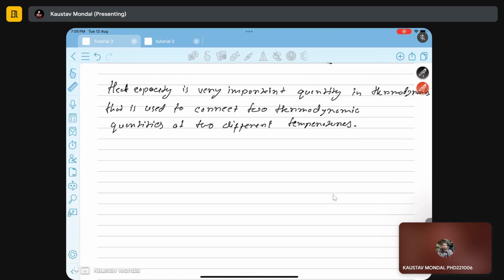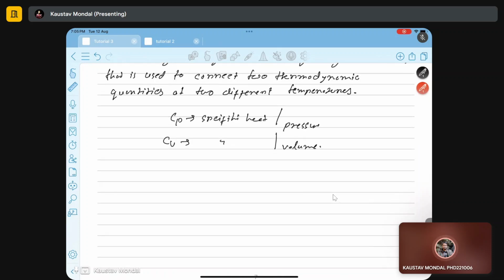Cp is specific heat at constant pressure, and Cv is specific heat at constant volume. In general, the expression of specific heat is simply dq by dt.